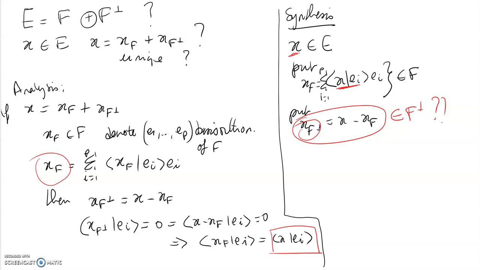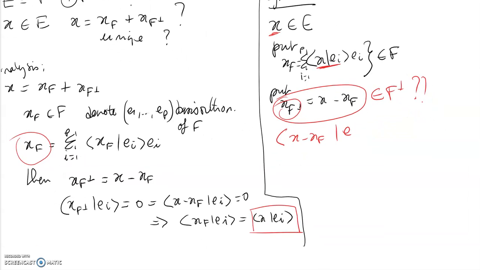So let's take that basis EI. So let's take X minus XF scalar product with any of the EI element of the basis. Okay, EI. So what is that? That's X EI minus XF EI. Okay. How did we define the XF EI?